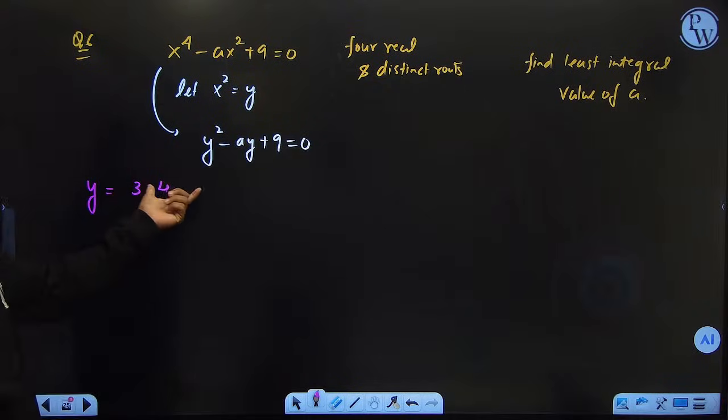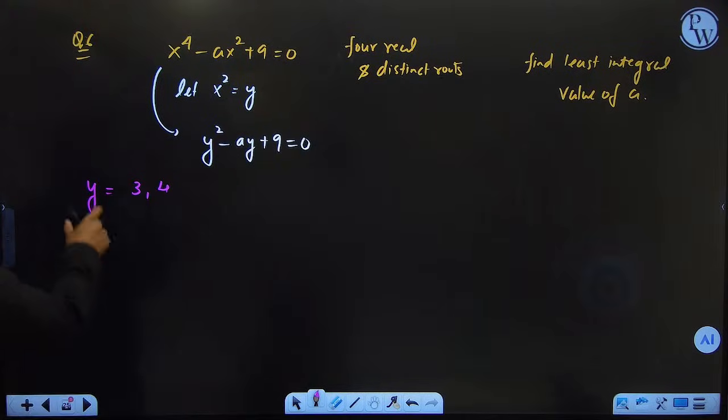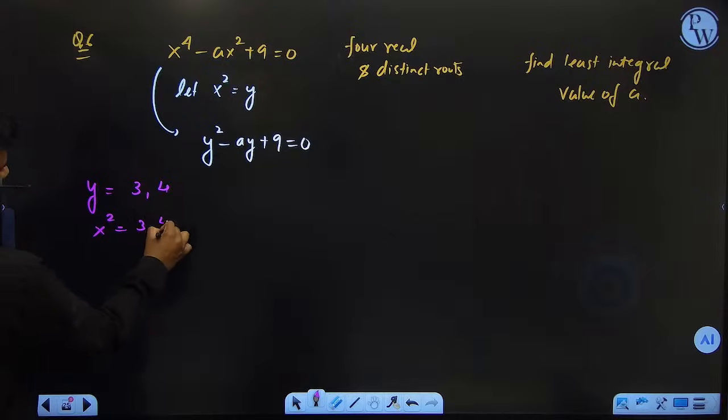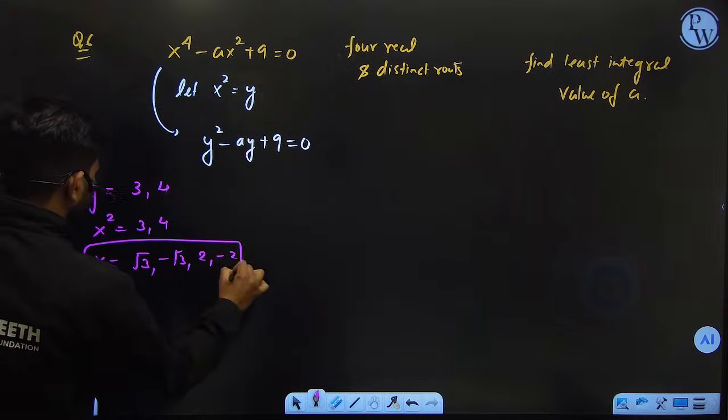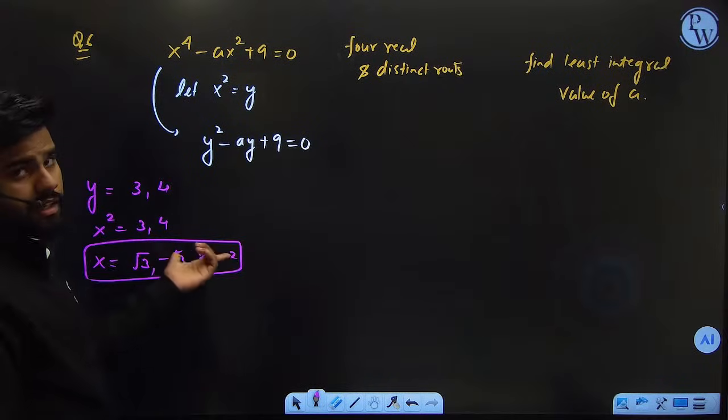Because suppose y is 3 and 4, then it means x square is equal to 3 and 4. So x value will be plus root 3, minus root 3, plus root 2, minus root 2. So we will get 4 distinct and real roots.